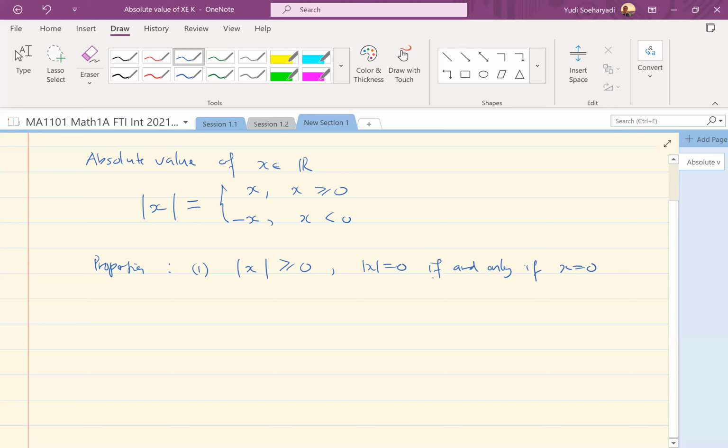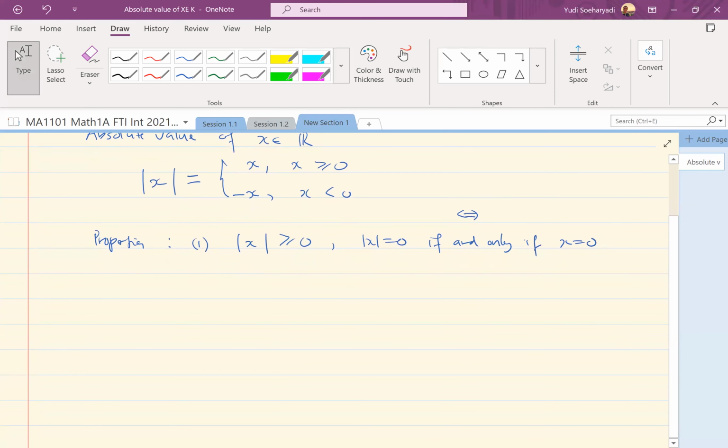The term "if and only if" is the terminology used in math. Logically, it means if the absolute value of x is 0, then x is 0, and vice versa, right? So that's a two-way implication.